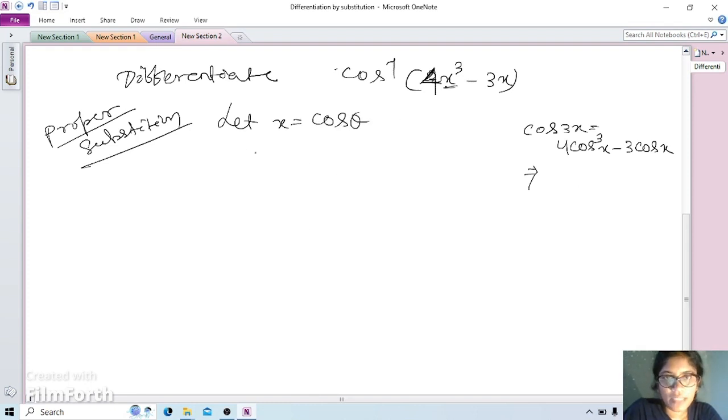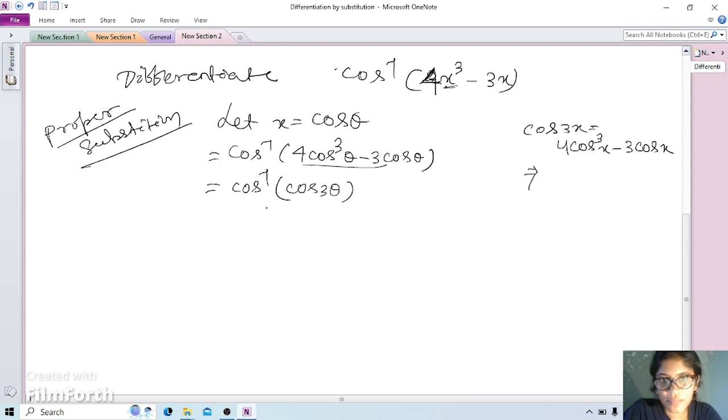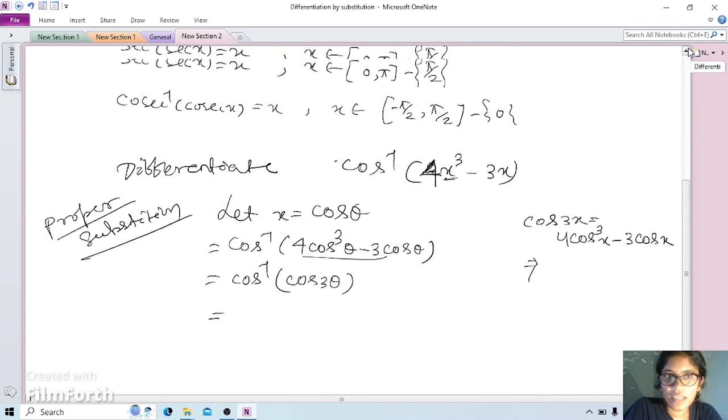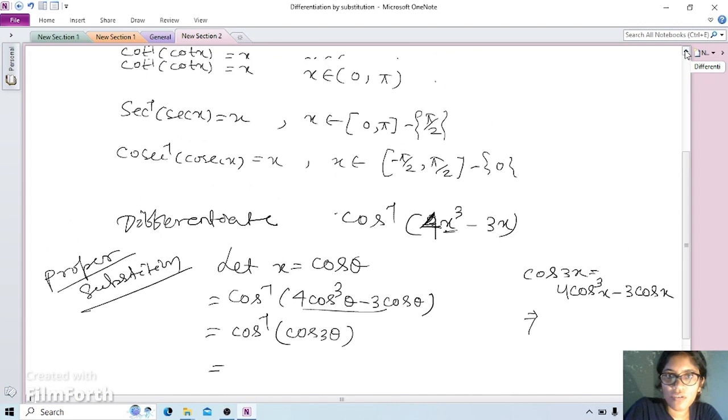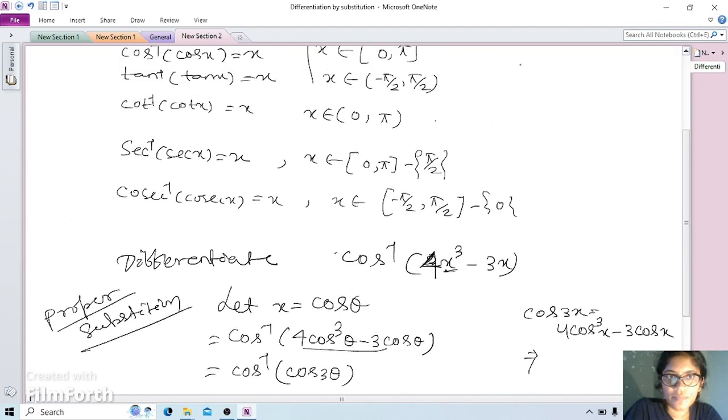Then we get cos inverse of 4 cos cube theta minus 3 cos theta, which is equal to cos inverse of cos 3 theta, according to the previous formula cos inverse cos x is equal to x.